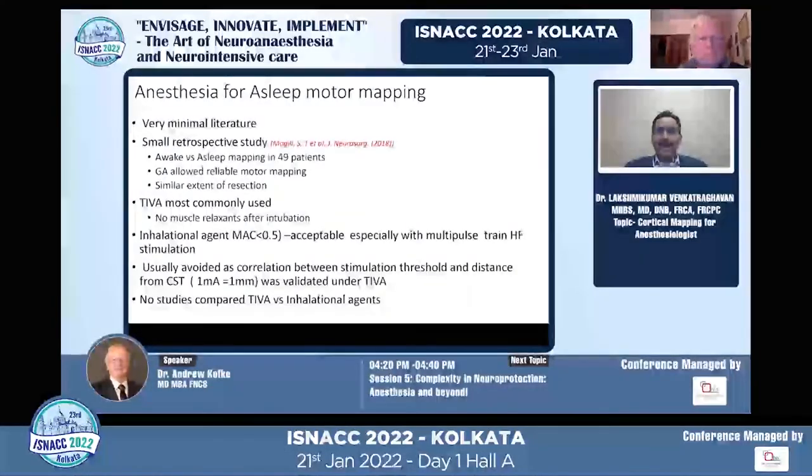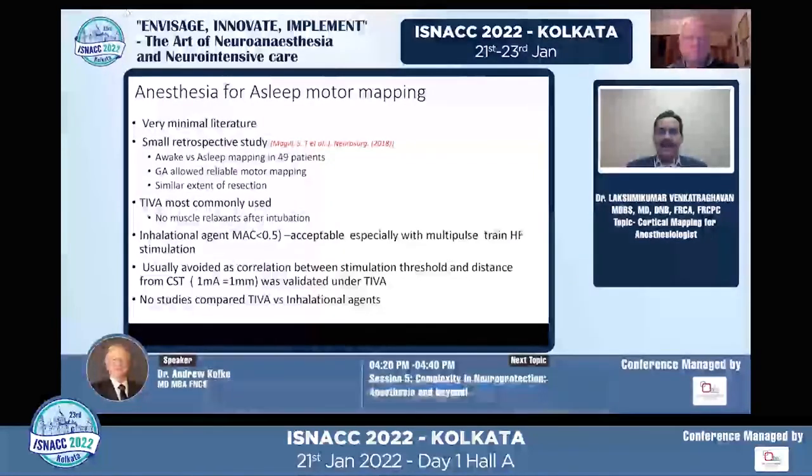When you come to the anesthesia for asleep motor mapping, there is very minimal literature on this topic, and a very small retrospective study on 49 patients. They compared awake and asleep mapping, and showed that general anesthesia allowed reliable motor mapping, and there was no difference in the extent of resection between awake and asleep mapping patients. TIVA is the most commonly used technique, with no muscle relaxant after intubation. Inhalational agents at MAC less than 0.5 may be acceptable when you're using multi-phase high frequency stimulation.